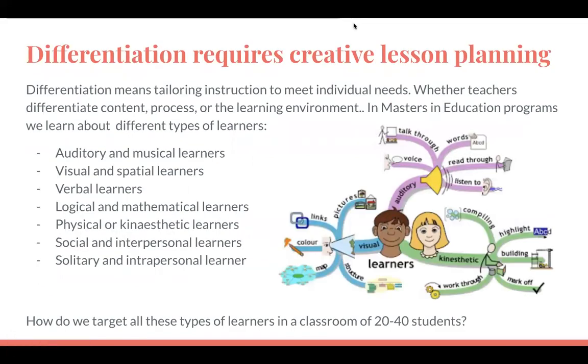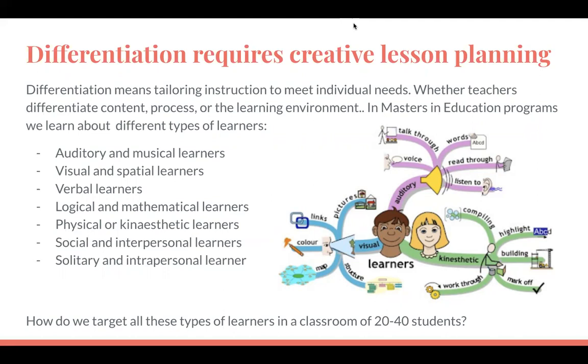So differentiation requires creative lesson planning. That means you have to think about what my students are like, and how can this student who is dyslexic learn this? Or how can this student who has attention deficit disorder learn this?